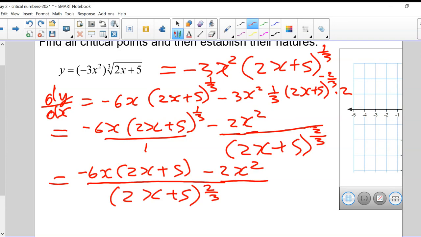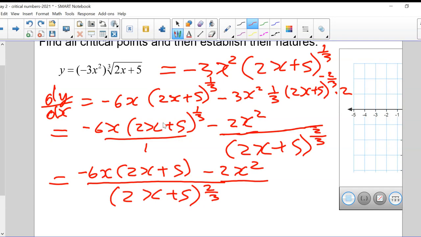But is everybody following this? Let me say it one more time, just so everybody is okay with it. We took the advice that we got from Ariana by using the denominator as being the 2x plus 5 to the 2/3. Now we have to ask, what do I multiply this denominator of 1 by to get this denominator here? The answer, of course, is 2x plus 5 to the 2/3.